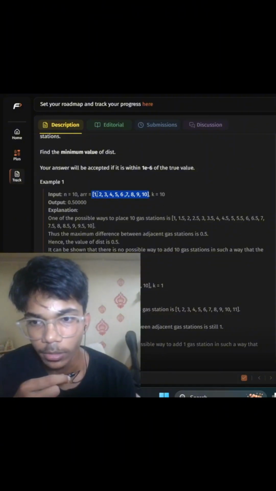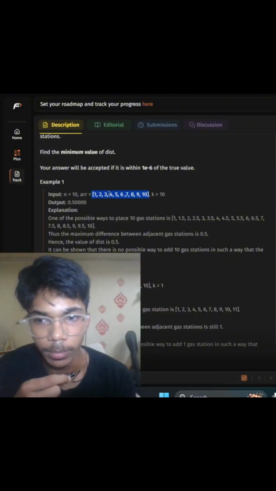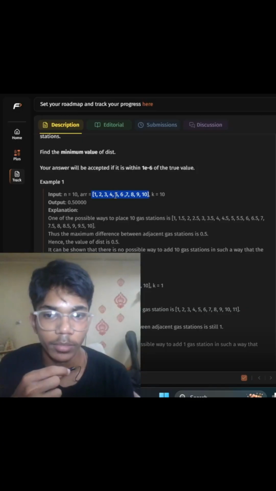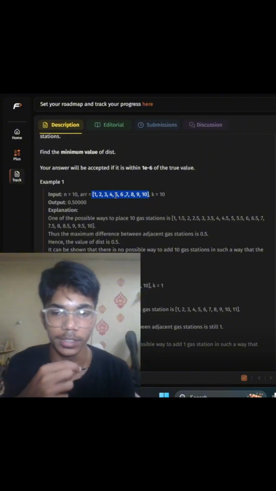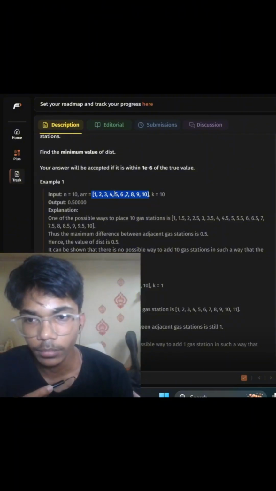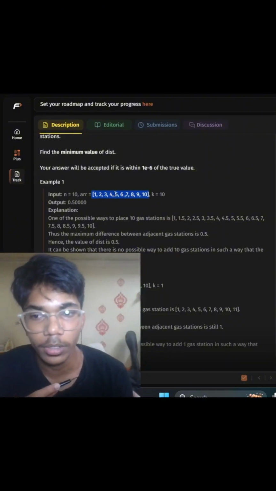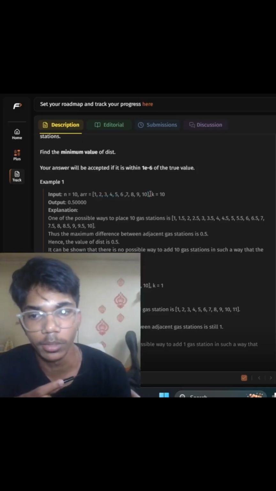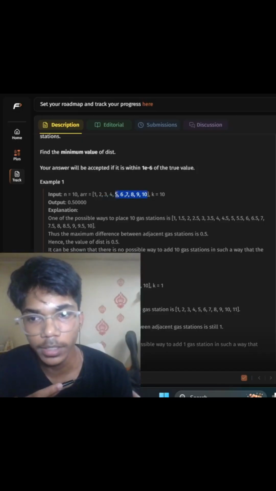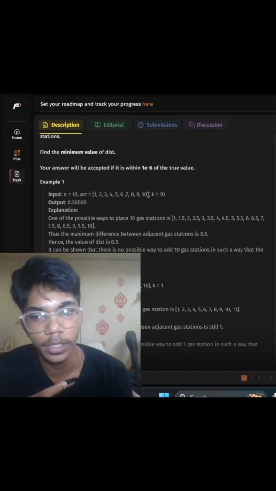So we can do it 3 times, it will be 9, and in between 4 and 5 we can fit 1, and in that we would be fitting almost 10 gas stations. But the distance between all of them must be that same value. But here in this case we are only doing it till 5, and after 5 all of them have the same distance between them as before, so it is not valid.